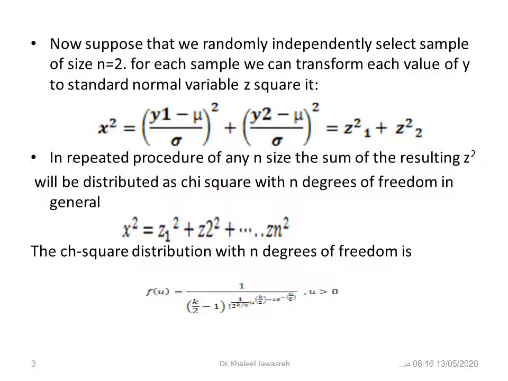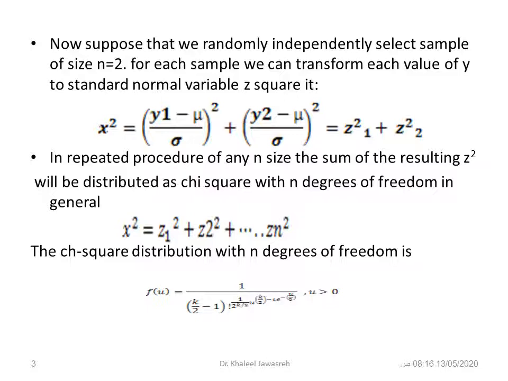It can be abbreviated: for the first, ((y1 minus mu) over sigma) square by z1 square, and for y2 it is z2 square, just to guide you and help you understand it in a simple way. So in repeated procedures for any sample size n, the sum of the resulting z square will be distributed as chi-square with n degrees of freedom.